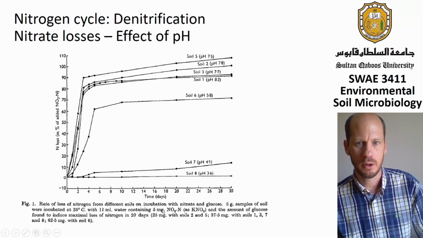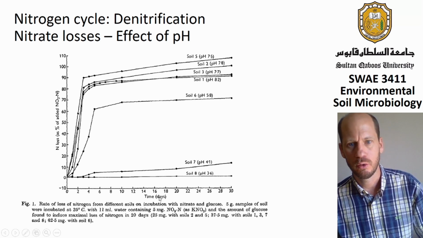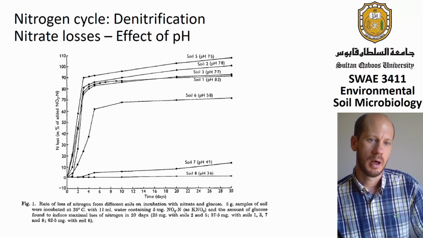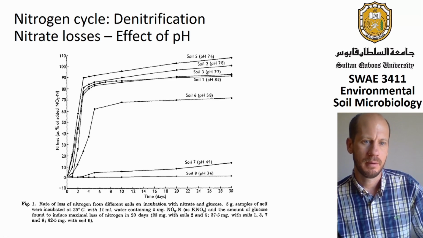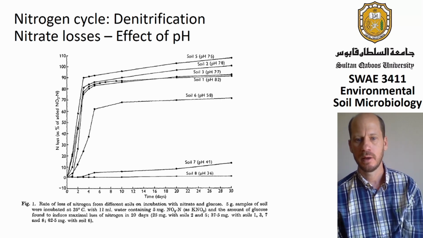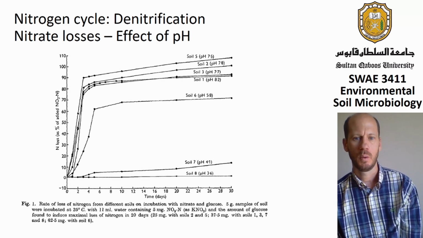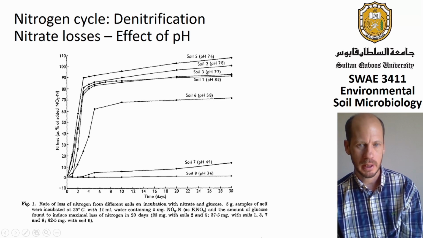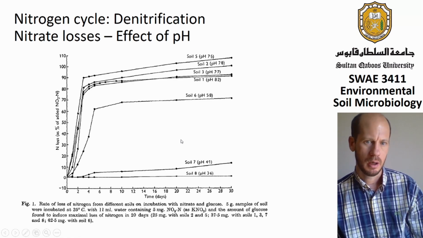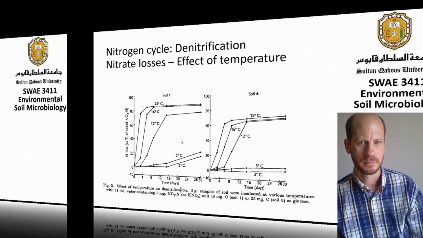So you need neutral, approximately neutral to slightly alkaline conditions to have a quick denitrification process. So in very acid soils, this process will be less dominant as a nitrogen loss. But in highly alkaline soils with high moisture content, that will be a very important process.